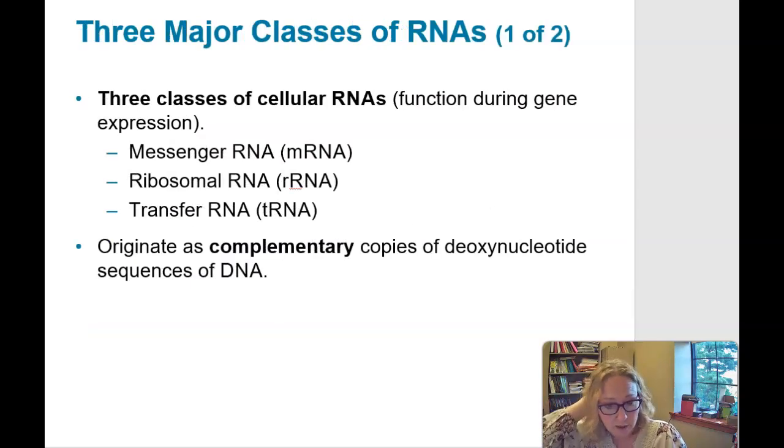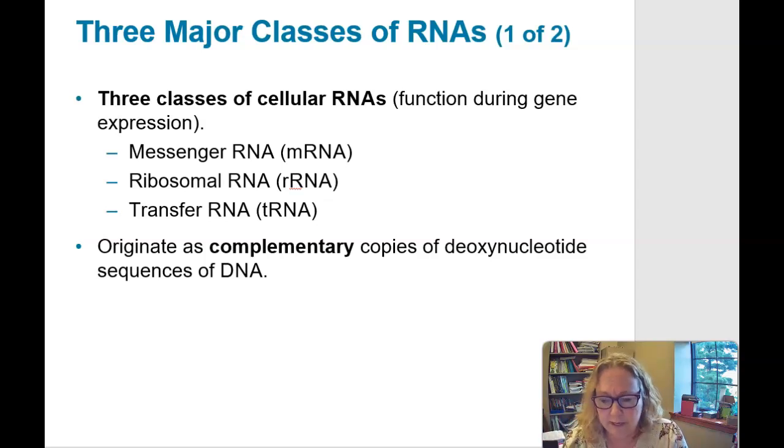Also, you have messenger RNA. This is the actual sequence of RNA that matches up with your DNA. You have ribosomal RNA, that's like the big sandwich thing that comes down and actually performs the translation. And then you have transfer RNA, and we'll look at that.